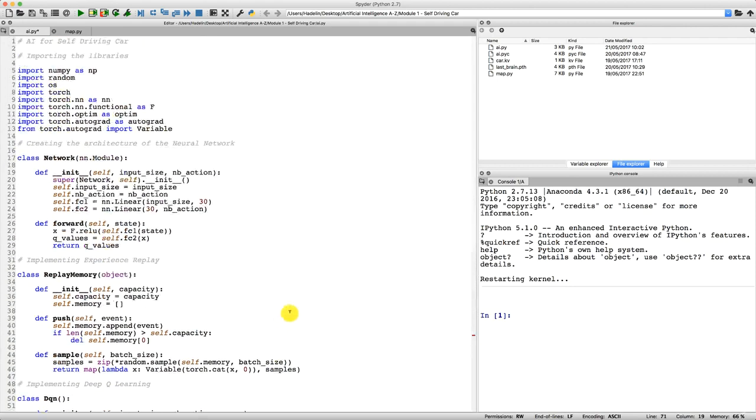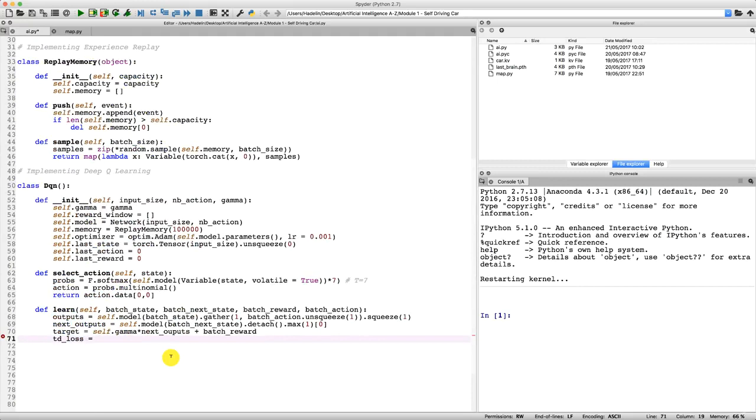Well, again, we're going to take a function from the functional module, represented by f, and therefore here I'm going to use our functional module, f, dot, and the Huber loss can be obtained thanks to the function smooth L1 loss, that one. So pressing enter, and that's really the best loss function I recommend for deep Q-learning. It really improves the Q-learning.